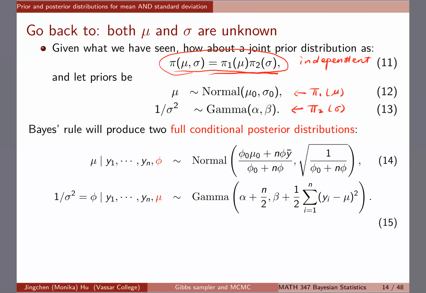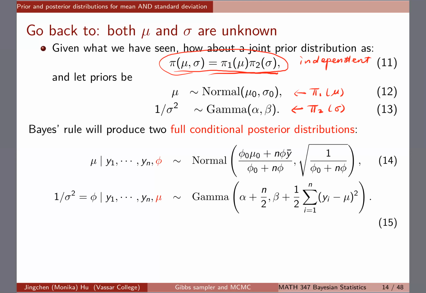So you will see that if we use equation 11 through 13, using independent priors, these two particular priors, normal and gamma, we can come to something we call the full conditional posterior distribution. Okay, so equation 14 and 15, if you look at it, it's exactly the same as what we did before. Okay, so I'm going to give you some time to think about it.